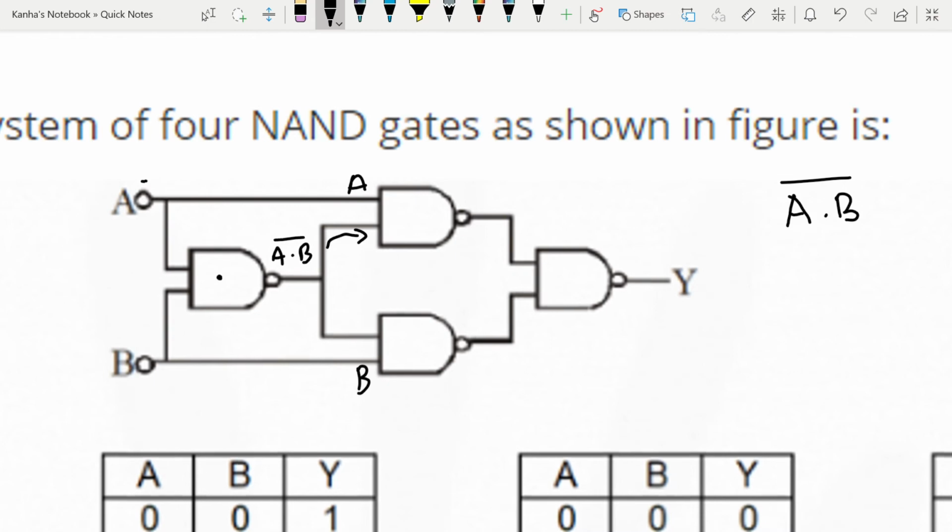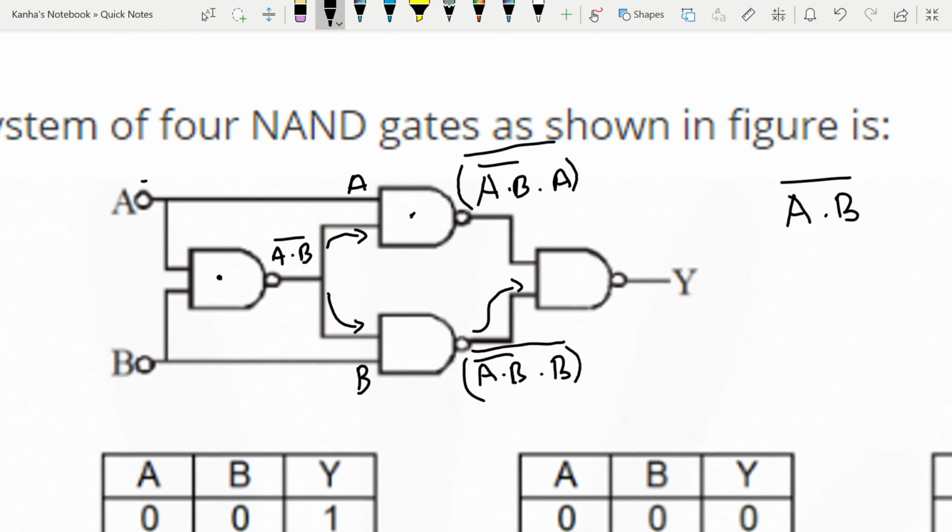This output will go here and here. Now they enter the second NAND gate. This will be ((A dot B bar) dot A) with a bar over the entire thing. Similarly here I will have (A dot B) bar, and this will be dotted with B, and the entire thing will have a bar over it.